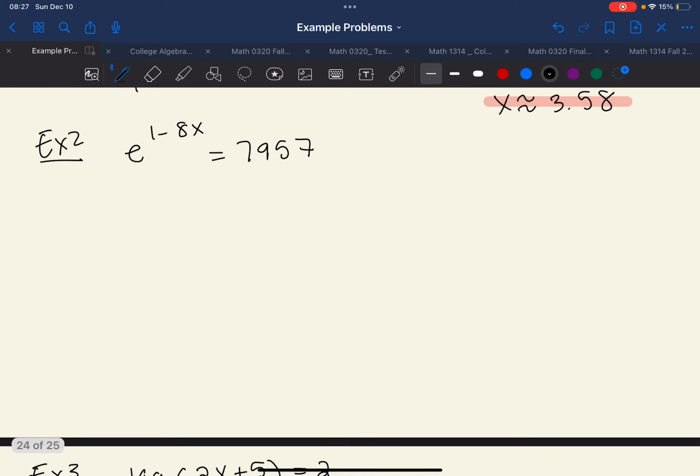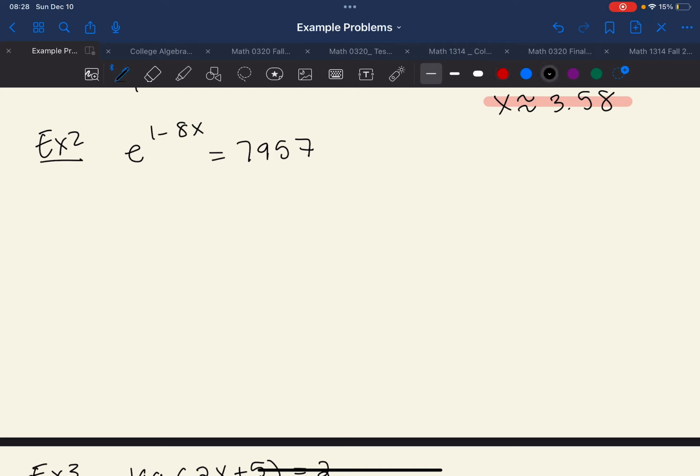Example 2. Again, we have another exponential function. And notice that this exponential function is already by itself. So it only has e and then our exponent. There's nothing being added or subtracted to it. So that means our first step here to get rid of that e is to take the natural log of both sides.